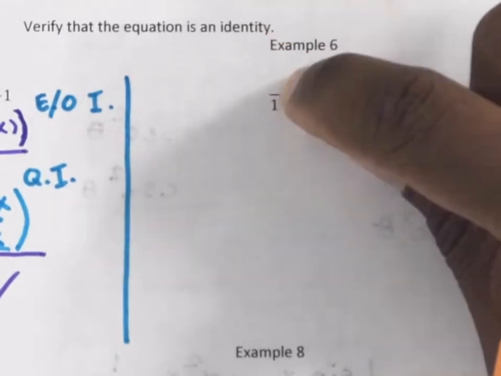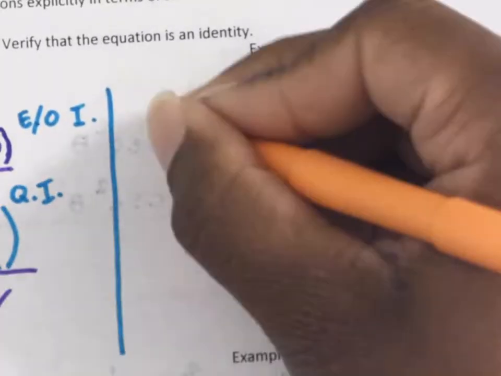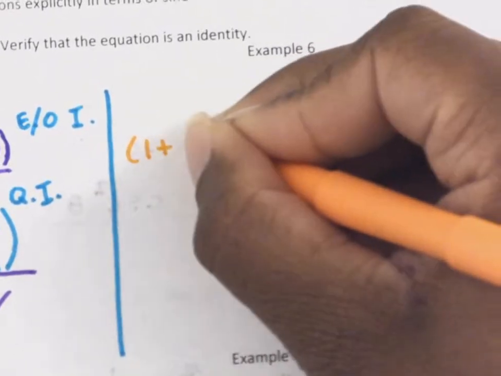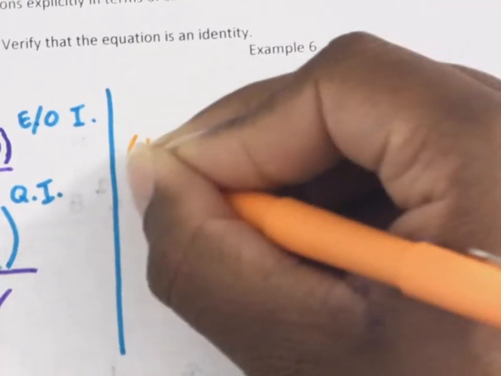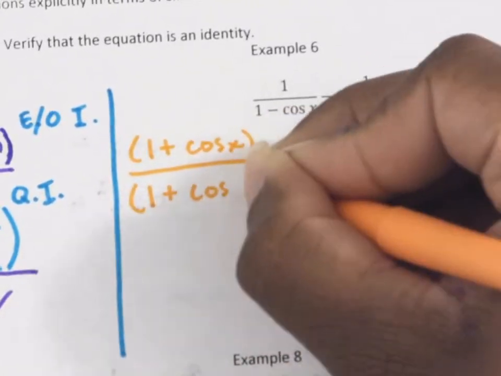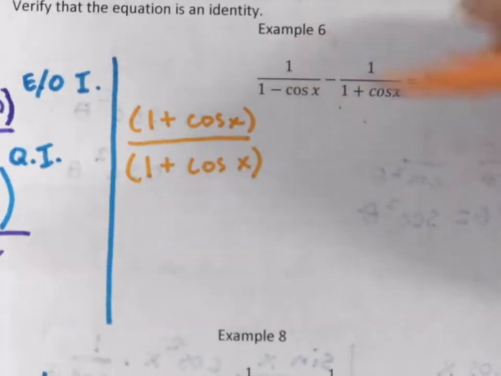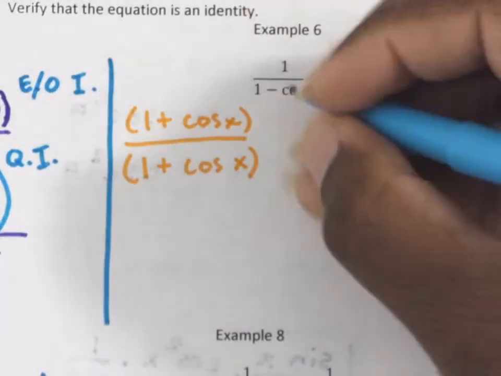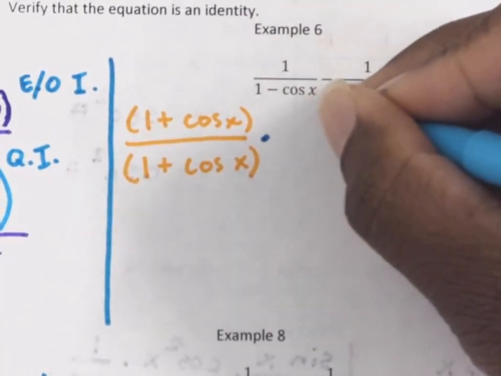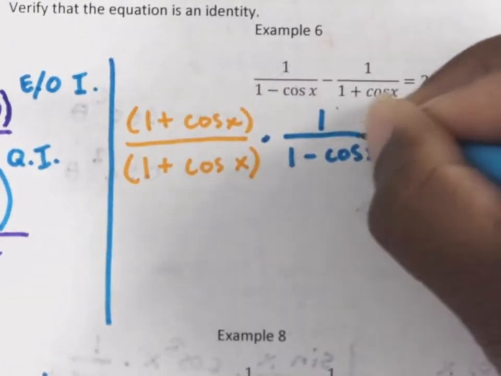So I'm going to multiply the top and the bottom of this left side by this denominator, meaning I'm going to do 1 plus cosine x. Since I do it on top, I got to do it on the bottom. And then I'm just going to write what was on the left side. What I started out with was 1 divided by 1 minus cosine x.